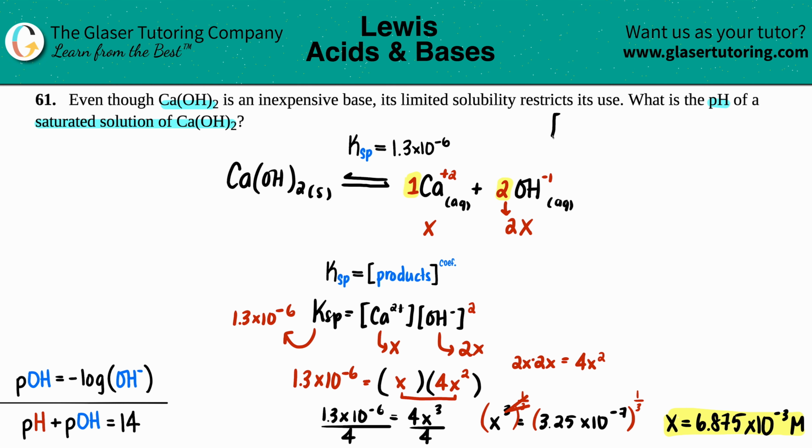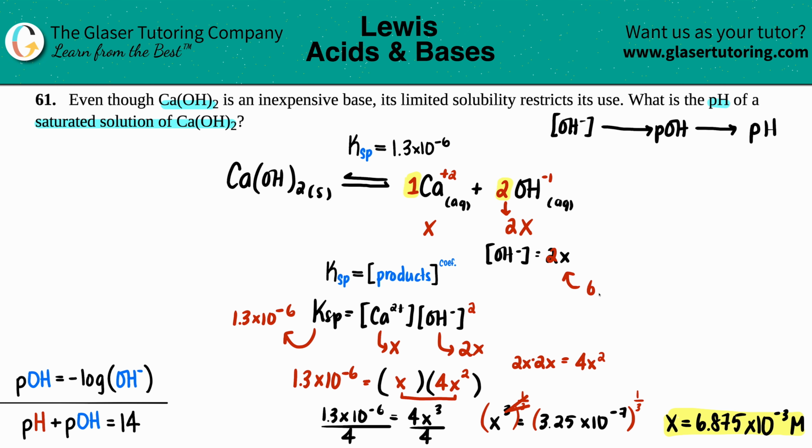Remember, from last chapter, I can go from an OH minus to a pOH, and from there I could finally find out my pH value. But we did say that the hydroxide ion concentration was 2x. So I have to plug in the x value and times it by 2.